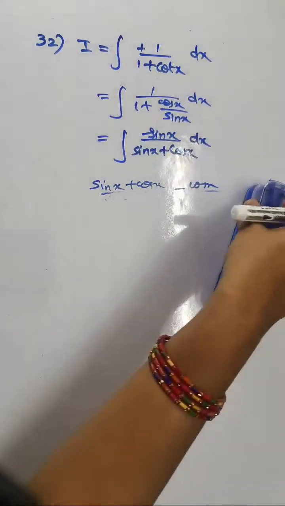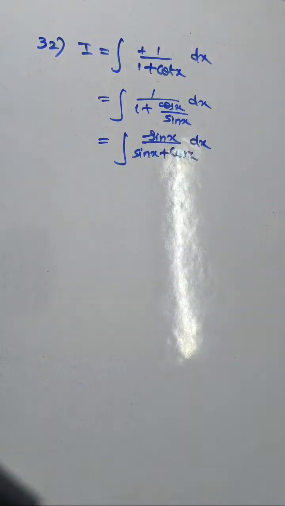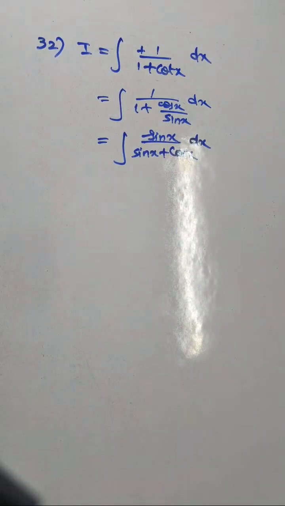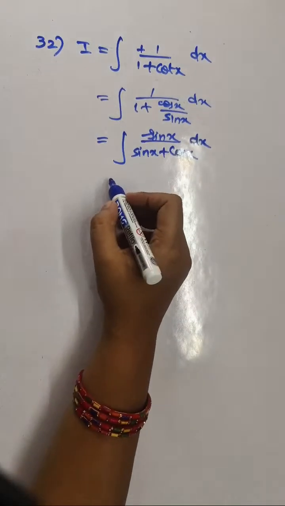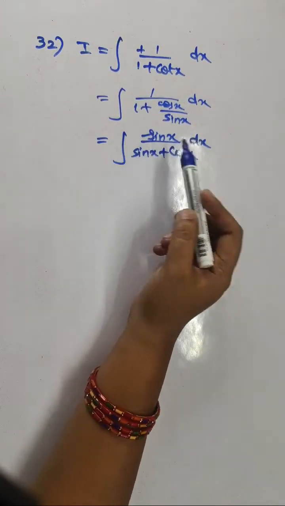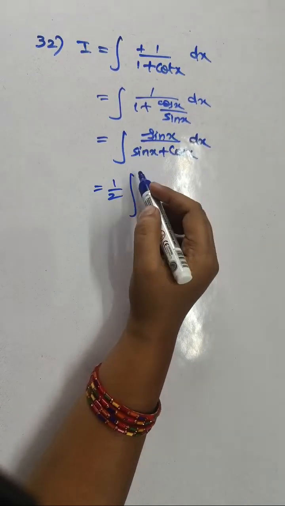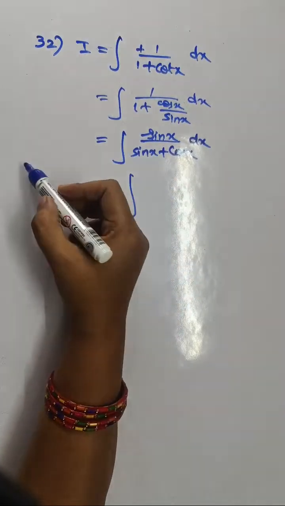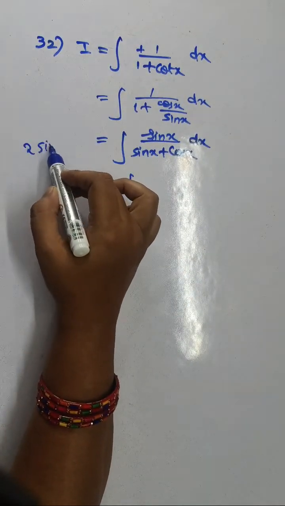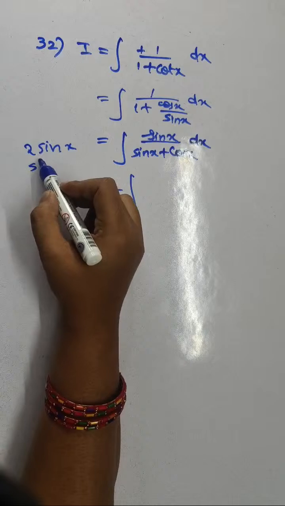What can be done? Before adding and subtracting cos x, we shall do one thing, because we need two sin x terms. For that, you multiply and divide by 2. So instead of writing 2 sin x, can that be written as sin x plus sin x?